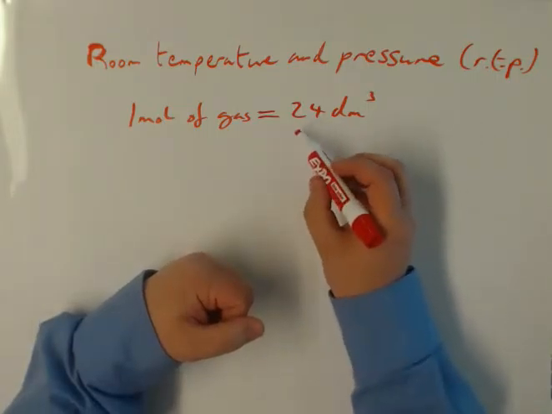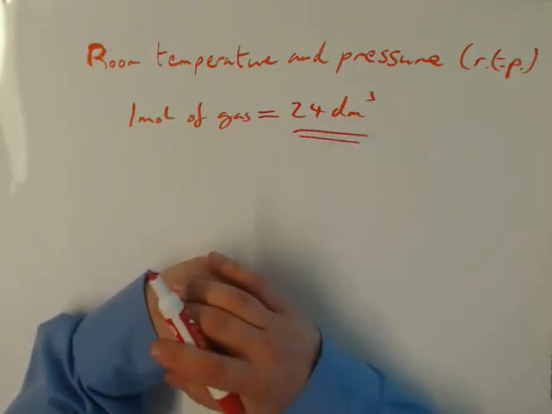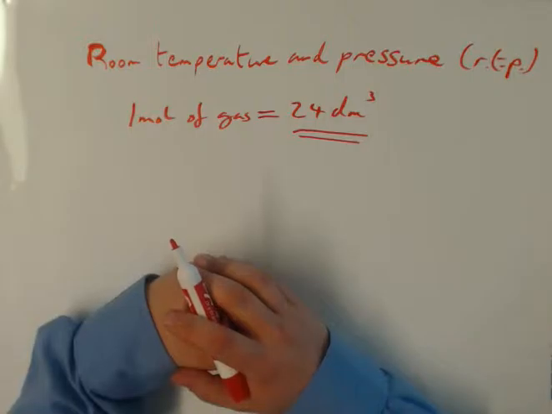That is a key volume, 24 decimeters cubed at room temperature and pressure.